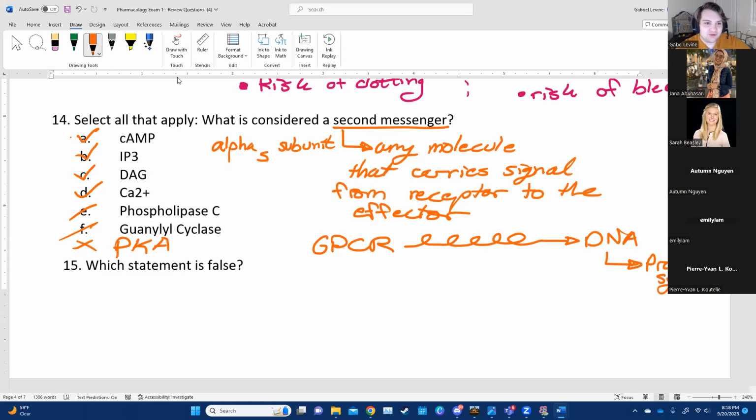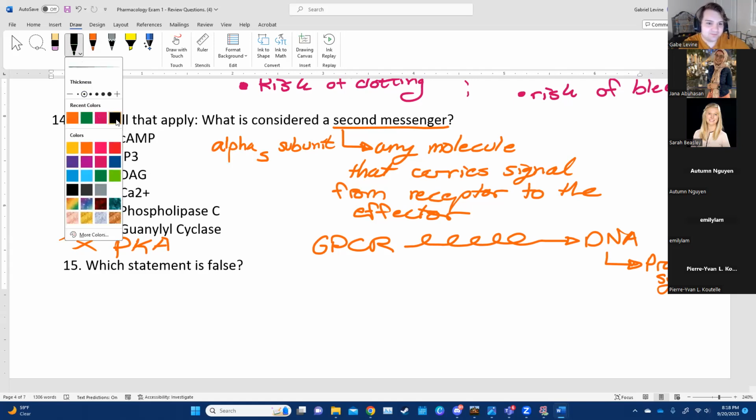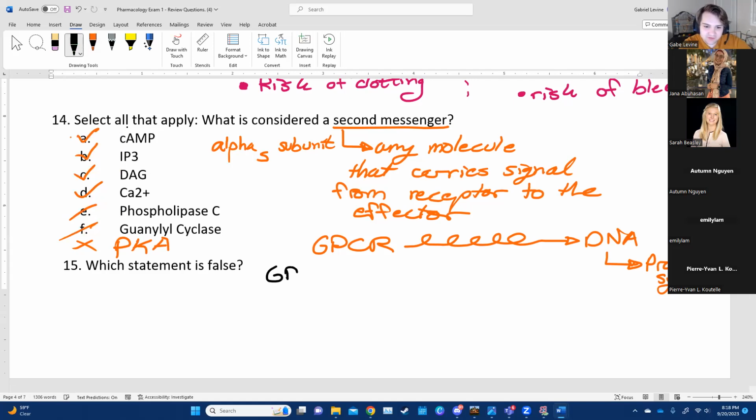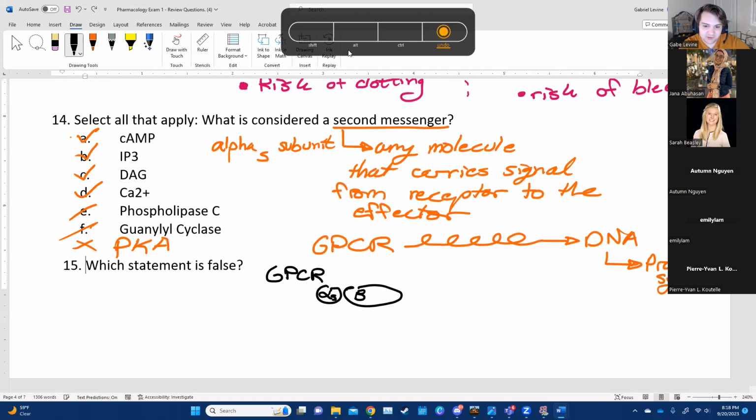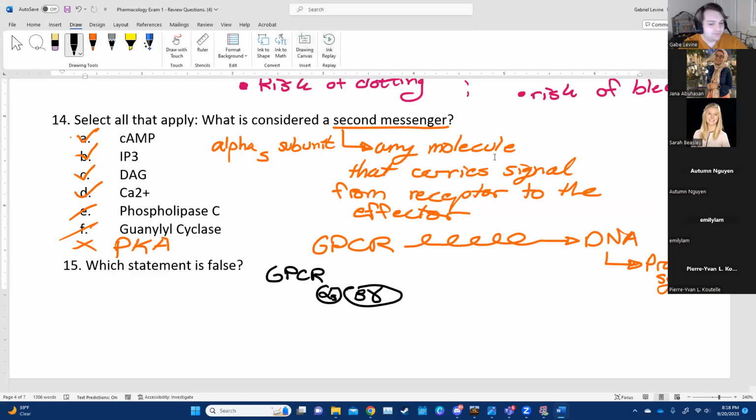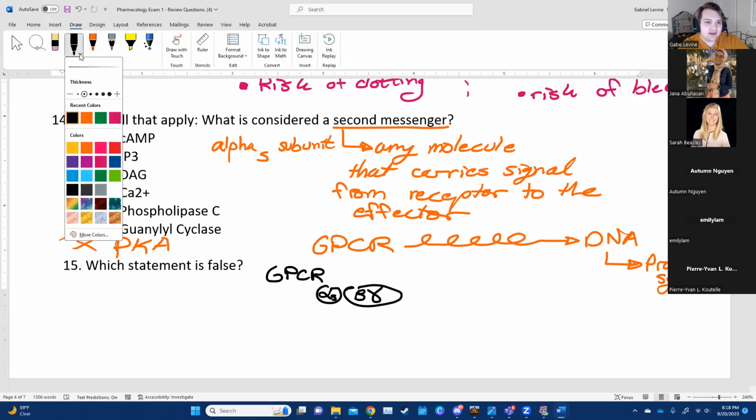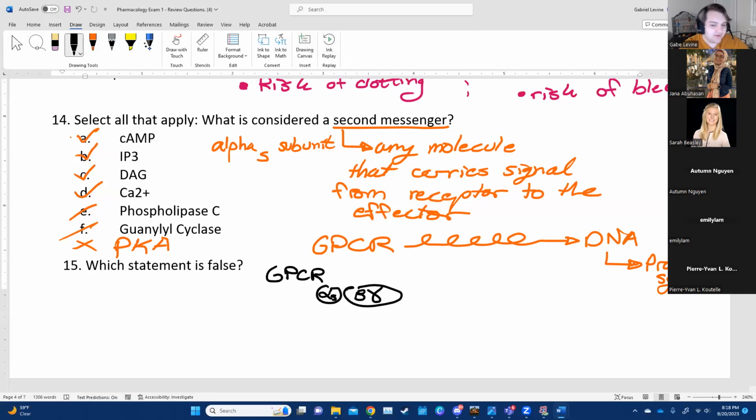Answer here. Let's look at the pathway. So we have the GPCR. We have the alpha subunit. And then we have the beta gamma, which I know are two separate things, but I'm too lazy. Once the GPCR is activated, what does the alpha subunit do? Splits apart. And what does it do from there?